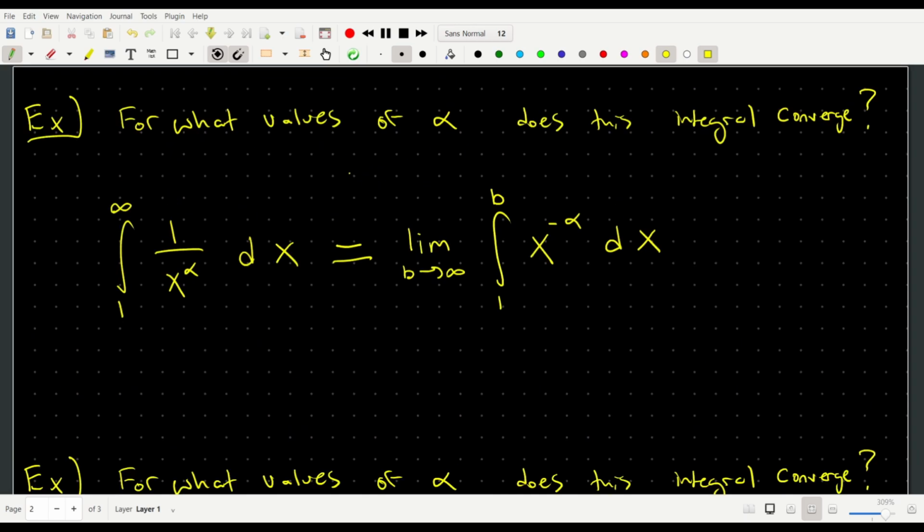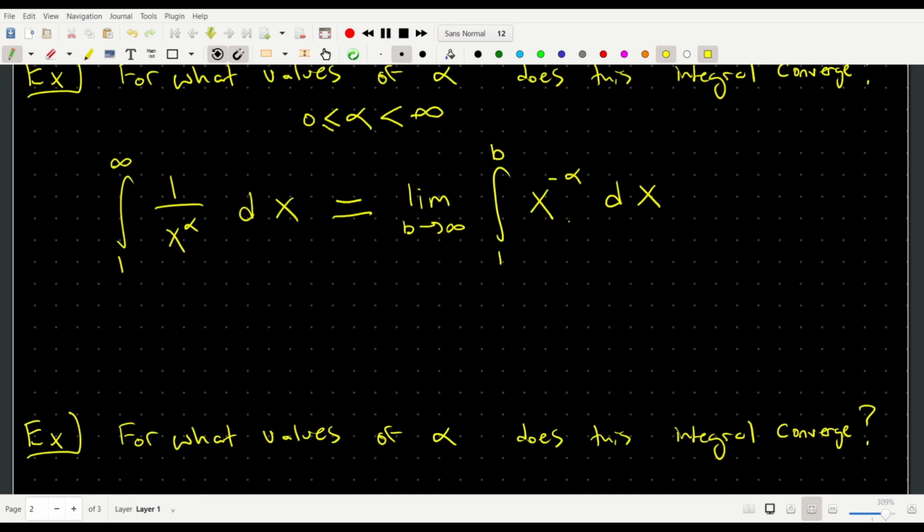We're just going to consider alpha between 0 and positive infinity, so positive values of alpha. And we know that we're going to have different results here for differing values of alpha. Specifically, this integral right here.